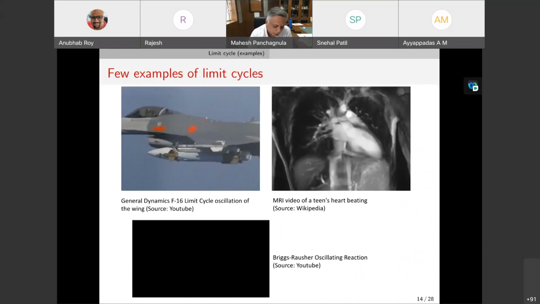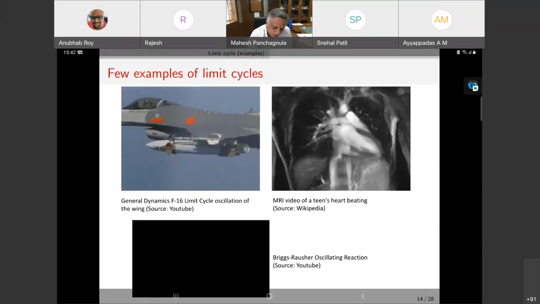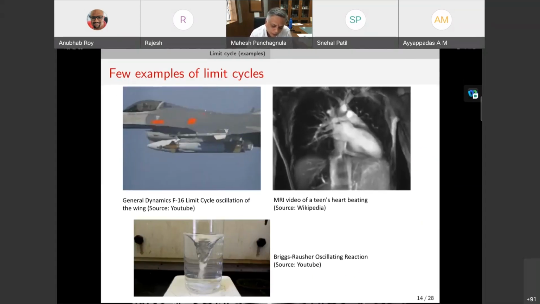So 1 second, for some reason my screen share has failed. We need to share screen again.